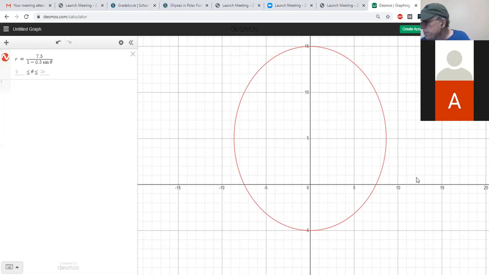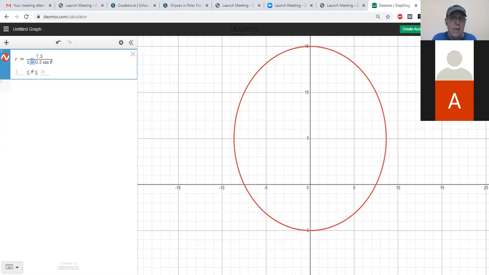Okay, good. So far so good, right? Yeah. So you see that changing the minus or plus sign flips it back and forth horizontally, either from the right to the left or left to right.